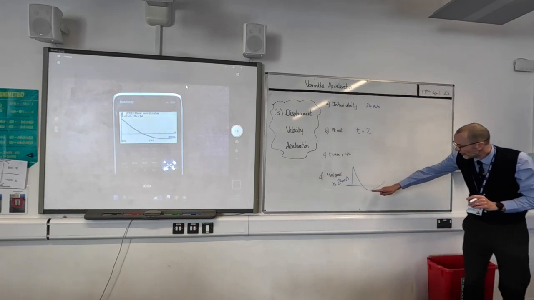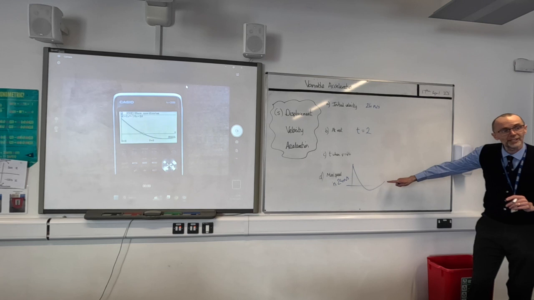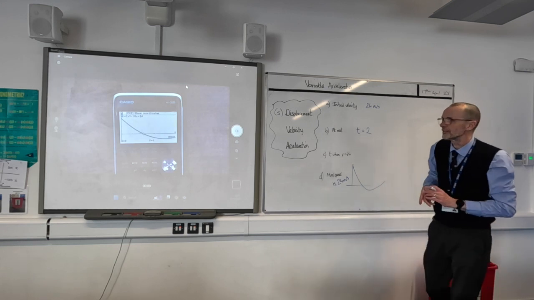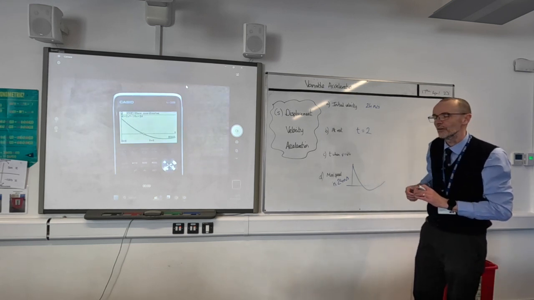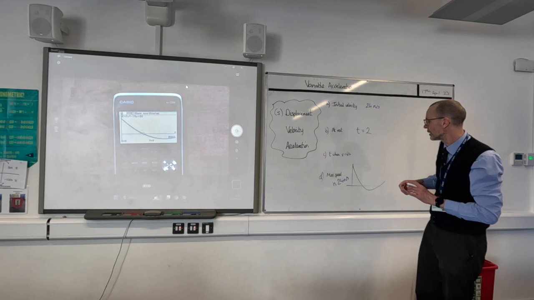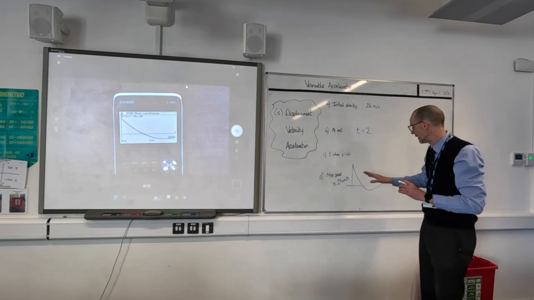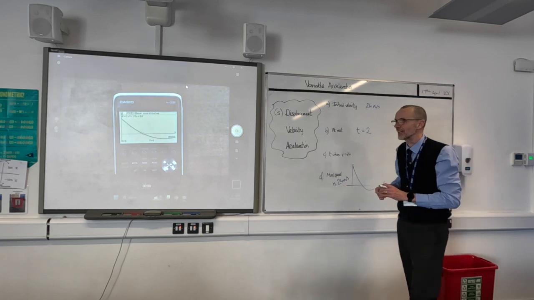It is going to eventually be going faster in the opposite direction, but I know that at 5, I haven't yet reached that. The graph shows me that. I haven't gone far enough for that to be the case. So I think for D, a quick sketch of what you've got on your screen would be enough. I think that's good enough.